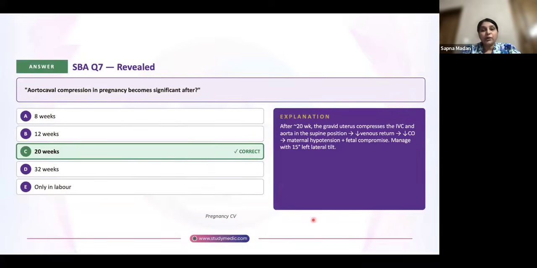Okay, so after 20 weeks, the gravid uterus is compressing the inferior vena cava and the aorta in the supine position. There is reduction in venous return. Because of that, the cardiac output will fall. Because of that, there is maternal hypotension, and therefore fetal compromise will also happen, and you manage it by a left lateral tilt by about 15 degrees.